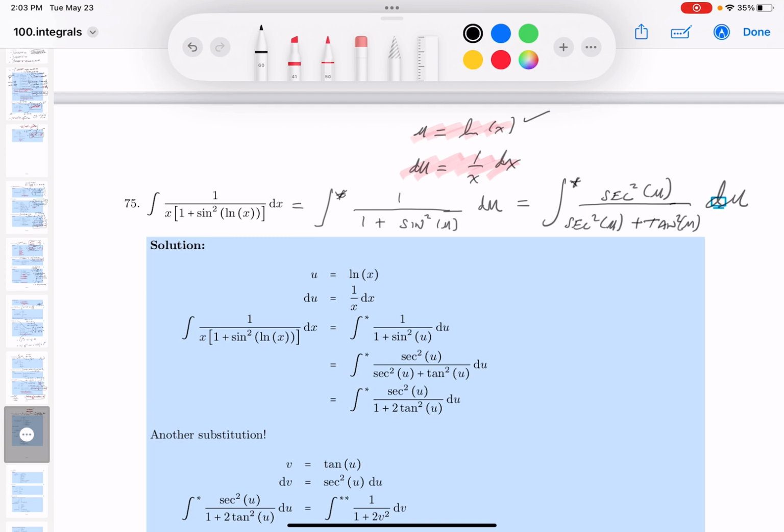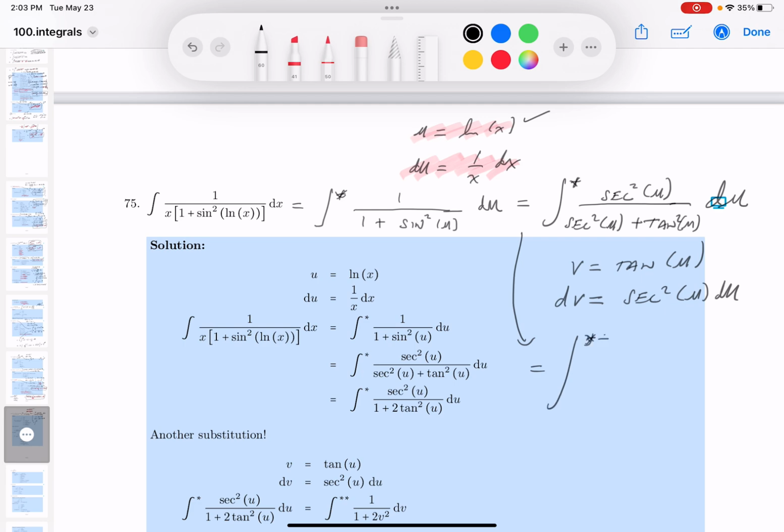So I'm going to say let v equal, because it should be somewhat obvious what we're looking for now. So that v would equal the tangent of u. Now, why would I say that? dv would be secant squared. All right, put that down for you now. Put it over here.